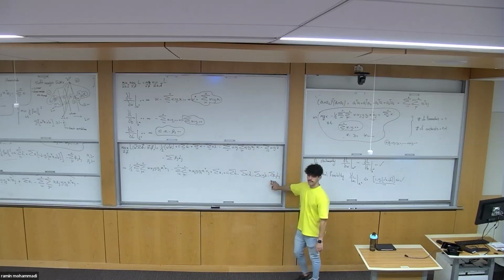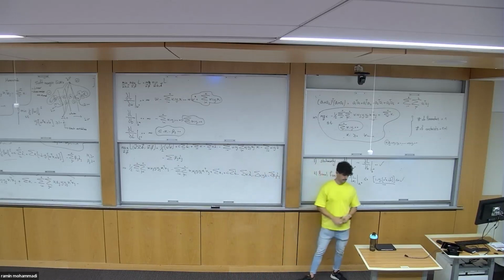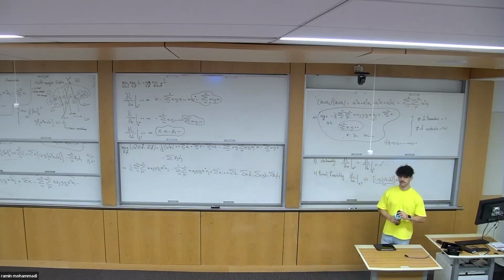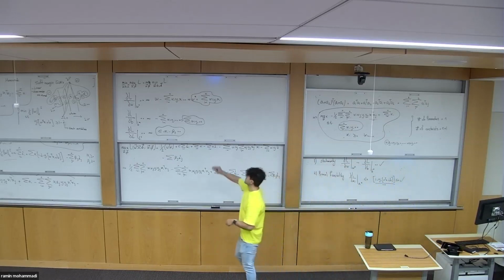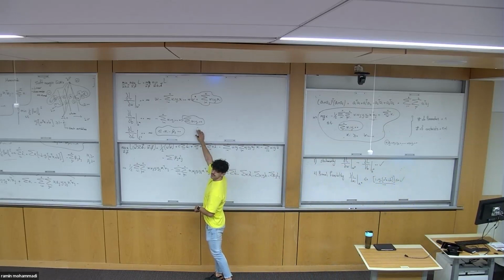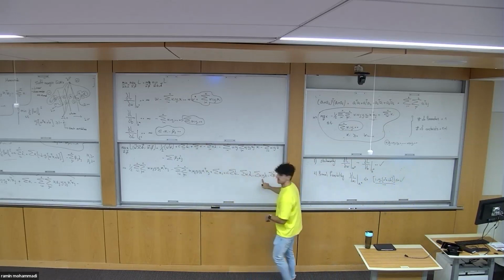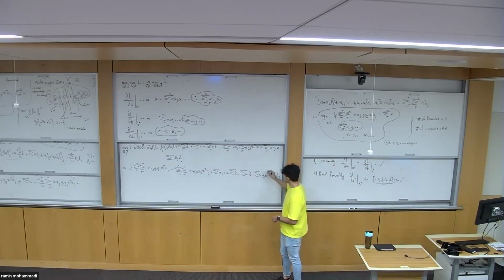Right? So let's look at here. Summation of alpha I yi is 0. So this term is 0, right?